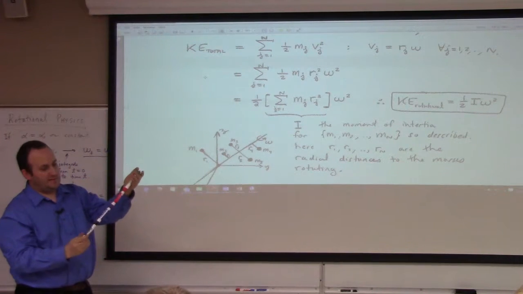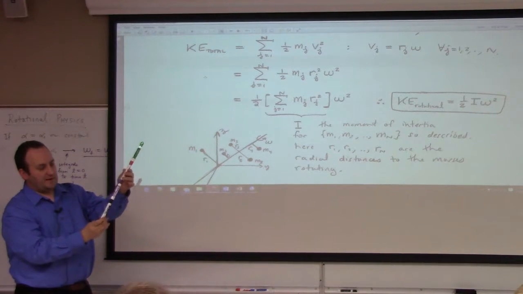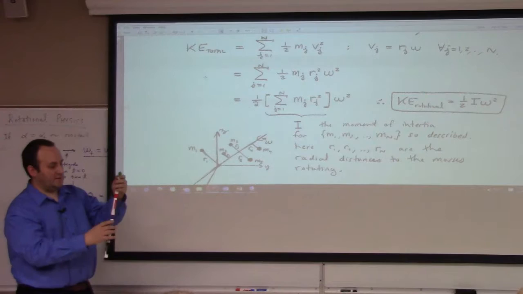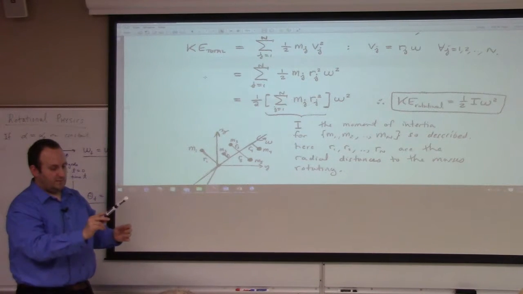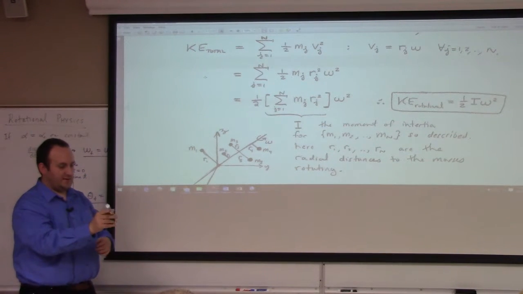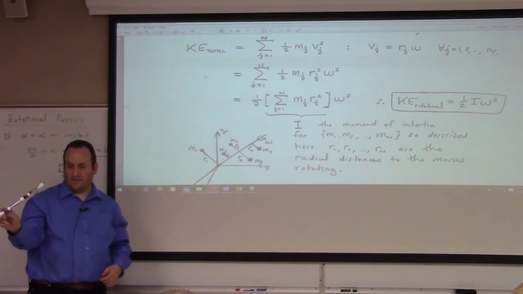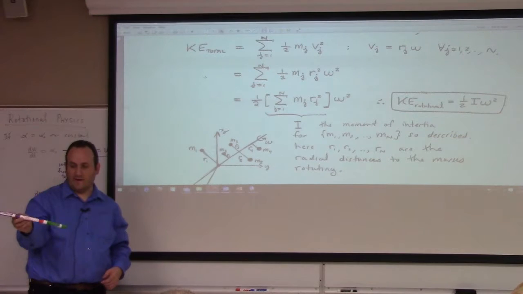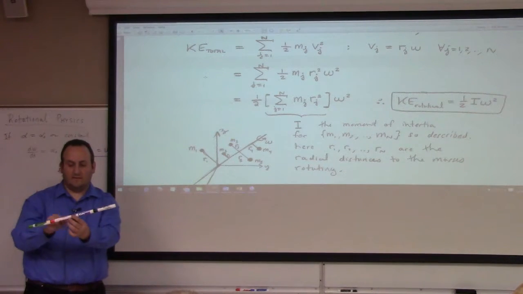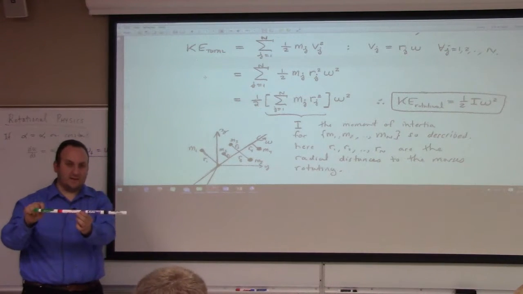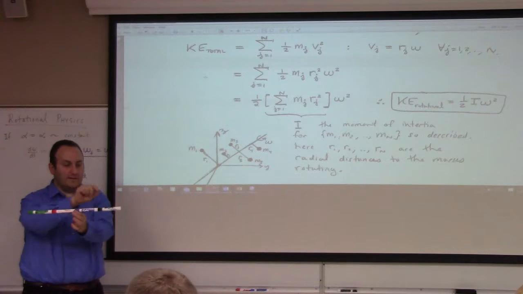Like if I spin this, this is an example of a rigid body. Maybe a better example would be like this. If I could spin this at a uniform rate around the center joining point of the two markers, what's the angular velocity of a point on the red marker? On the purple marker? On the green marker or the black marker?